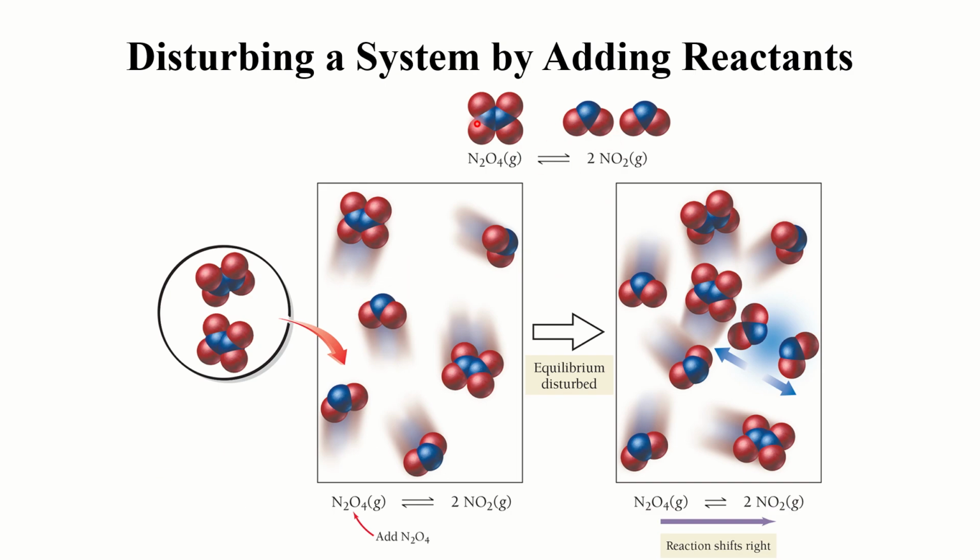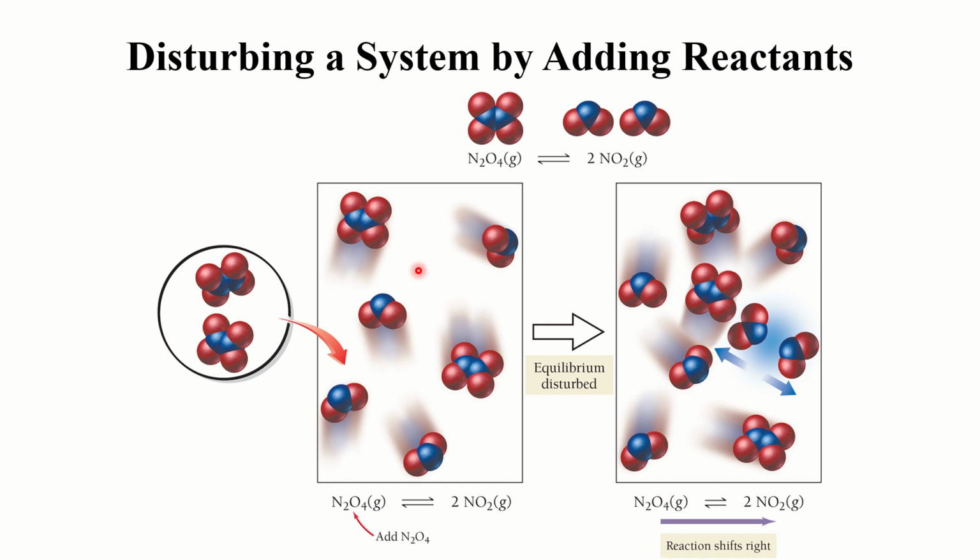Let's look at this system, N2O4 forms 2NO2. We see that we've got some molecules of N2O4 and NO2. What's happening here is we are showing the equilibrium being disturbed.